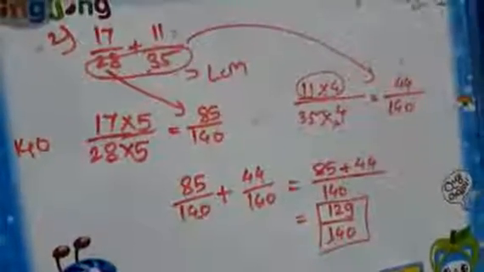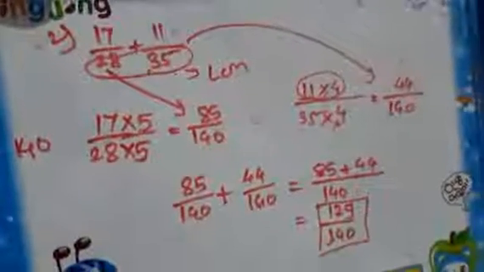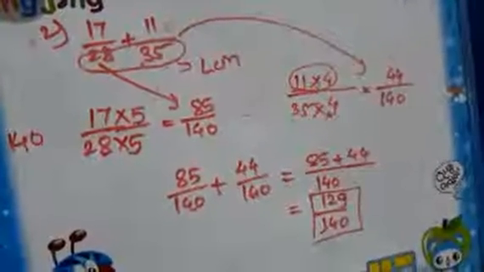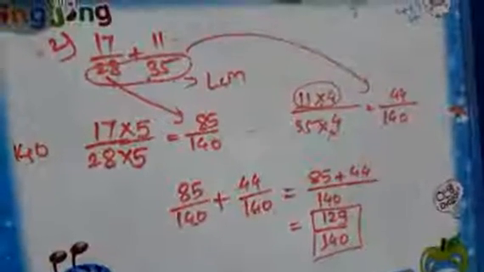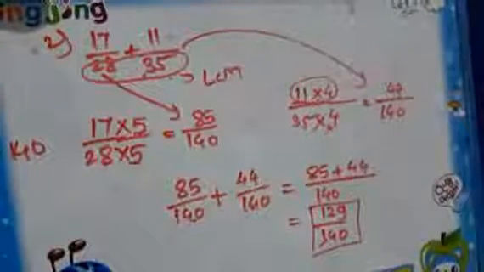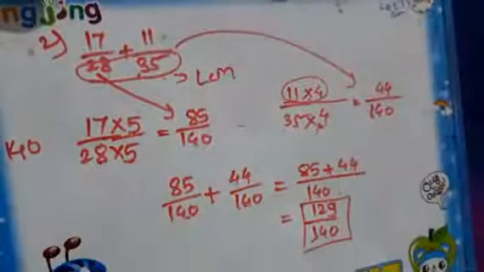But the second method is easier for numbers which have more than 2 digits. So today we will stop the application of HCF and LCM. Tomorrow we will continue with this again.